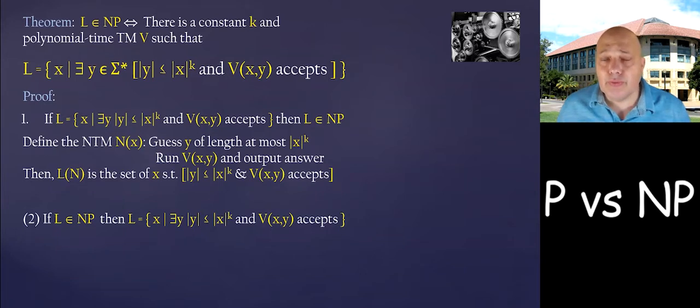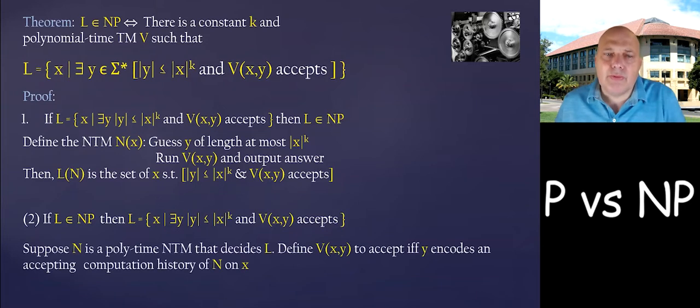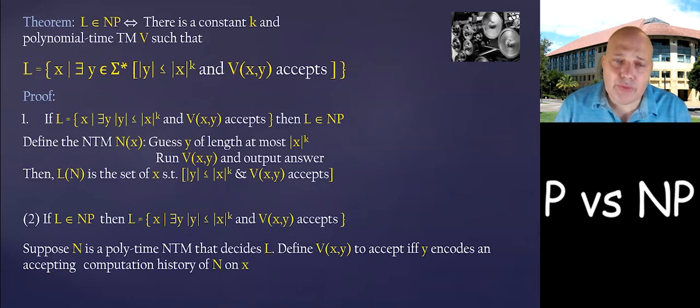Now we want to prove the other side, namely that if L is in NP, then we can present L in this way for some V, and the main task is to define V. So suppose N is a polynomial time non-deterministic Turing machine that decides L. Then we can define V such that it takes two inputs, x and y, and it accepts if and only if y encodes an accepting computation history of N on x.